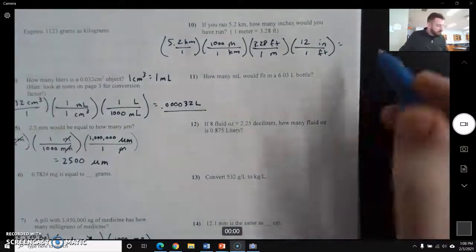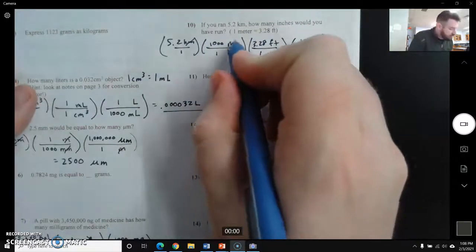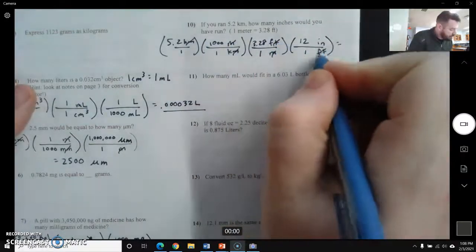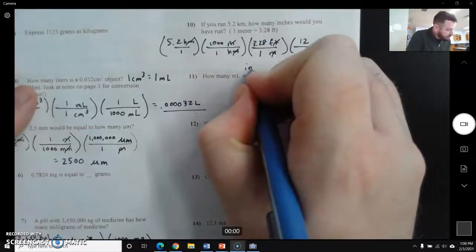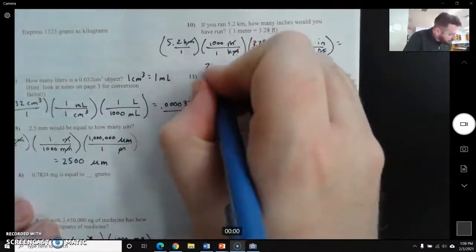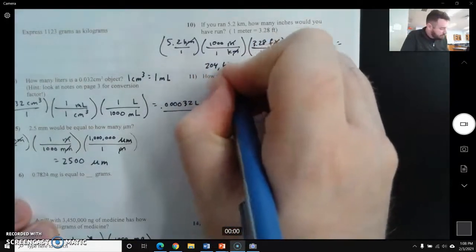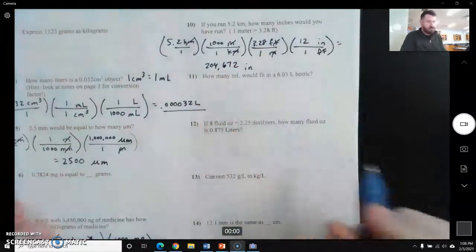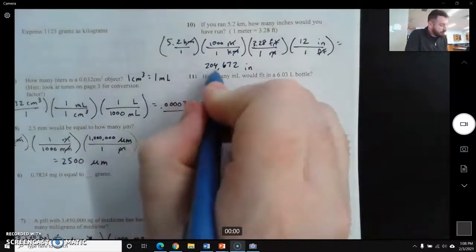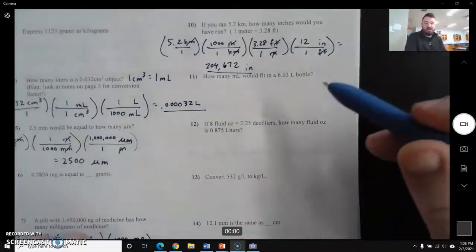Alrighty, and after multiplying this through, our kilometers cancel out, our meters cancel out, our feet cancel out, and we're left with the units of inches. And our final answer should be 204,672 inches. Alrighty, so this would be our correct answer. I did not do that one in my head. I did have that one written down ahead of time.